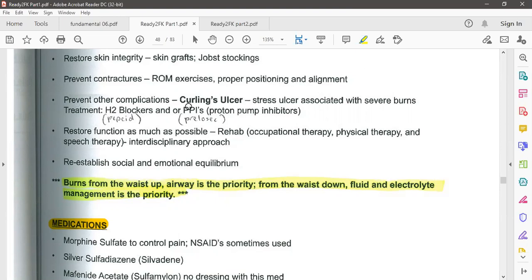Due to prolonged stress, the client is at risk of developing a type of ulcer called Curling ulcer, or stress ulcer, associated with severe burn. What is the treatment? A proton pump inhibitor like omeprazole, or an H2 blocker like ranitidine.